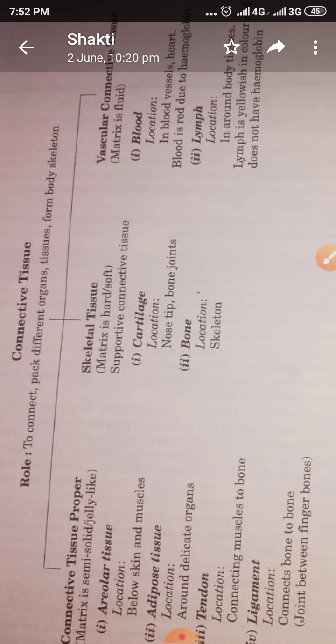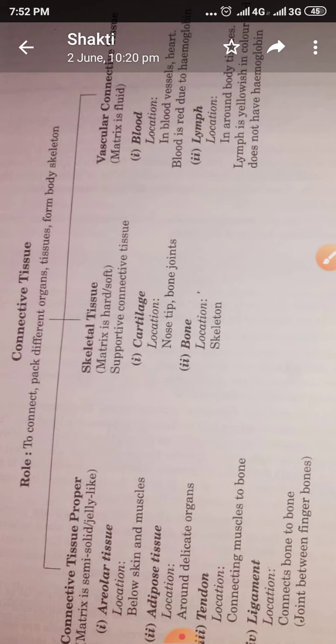Two examples are cartilage and bone, the hard structures of our body. Then third is vascular, when the matrix is fluid that flows easily, that makes our blood or liquid, that helps in transportation of materials. Now we study the first type, connective tissue proper.